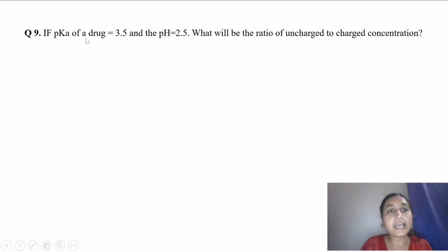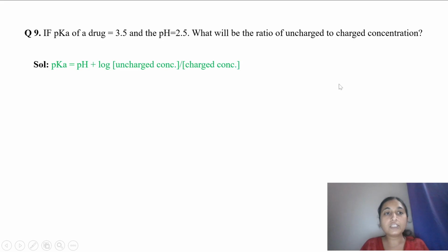Now come to question number 9. If pKa of a drug is equal to 3.5 and the pH is equal to 2.5, then what will be the ratio of uncharged to charged concentration? So you all know this formula, right? pKa equal to pH plus log uncharged concentration upon charged concentration.